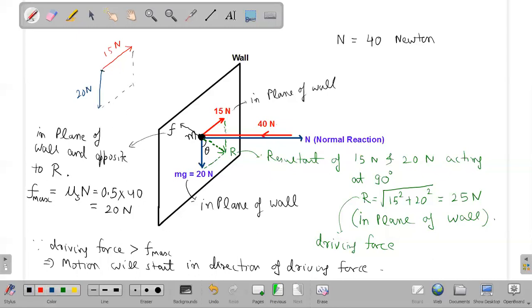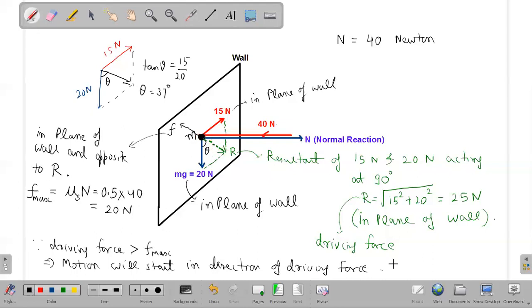Let's say that resultant makes angle theta with the force of gravity 20 Newton. So you can write tan theta equals 15 by 20, which is 3 by 4, and that is equal to 37-degree angle. So the block will move in a direction along the wall, and that direction makes angle 37-degree with the vertically downward direction.